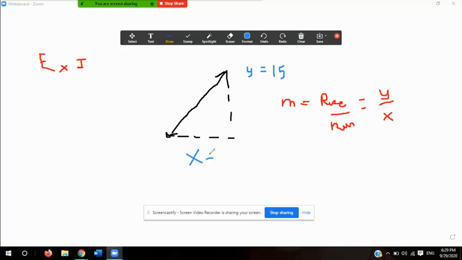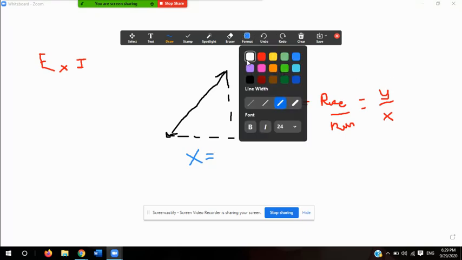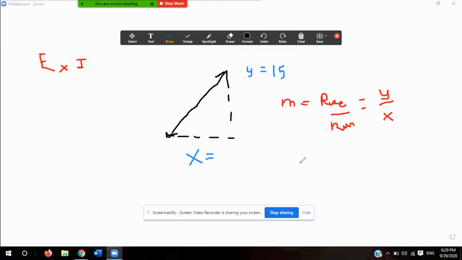And the formula says that m equals rise over run, y over x. So all we're going to do is just plug in the numbers. Instead of saying m equals rise over run, we say m equals y, which in this case is 15, over x, which in this case is 54, or rise over run.